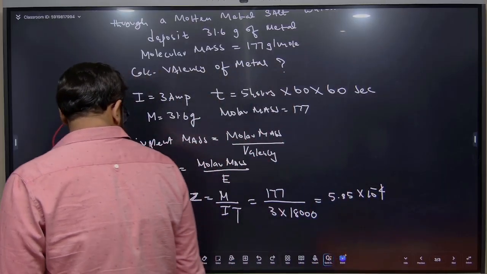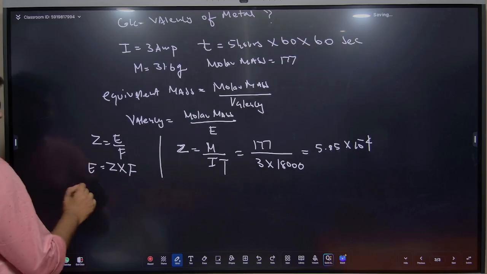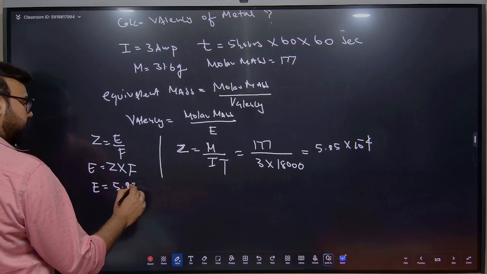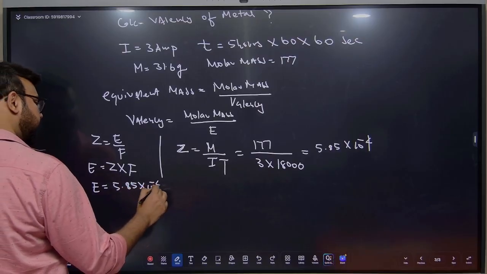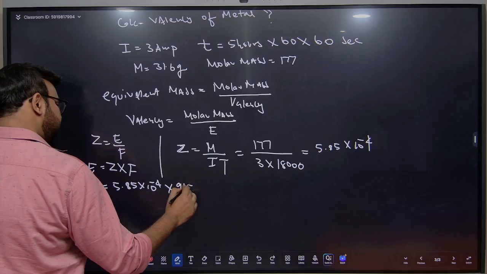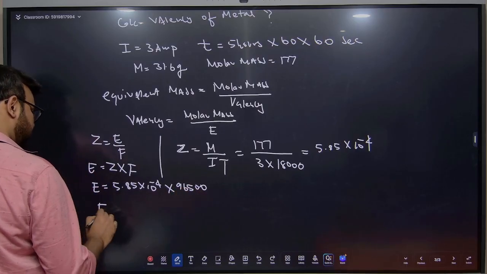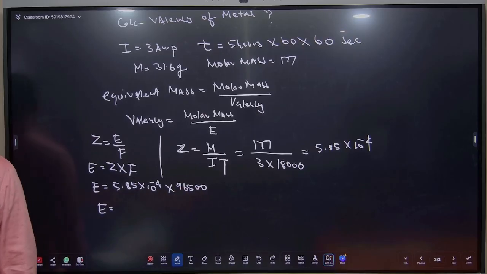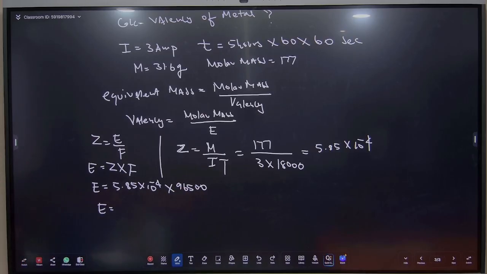So we got the Z, and then into 96,500. So what is the E you're getting? Check. Full calculation, lengthy question it is. It's a very lengthy calculation. Everyone do this.